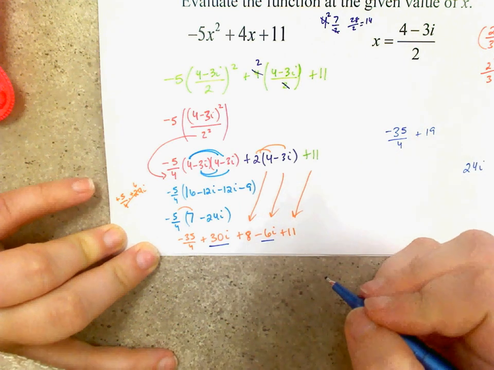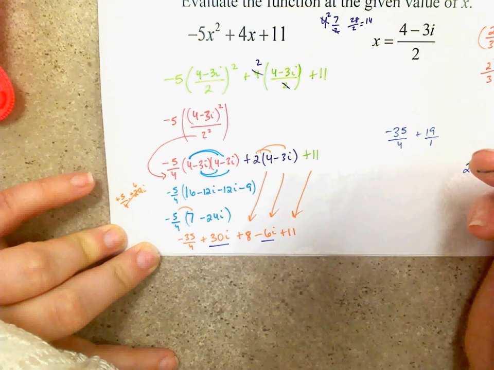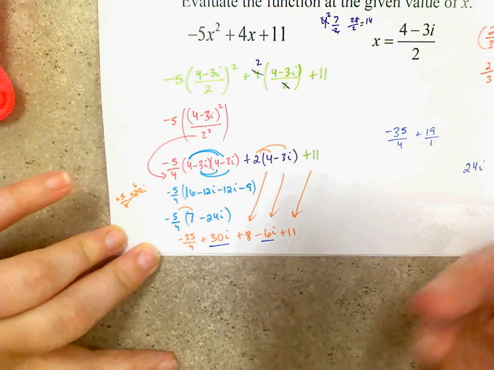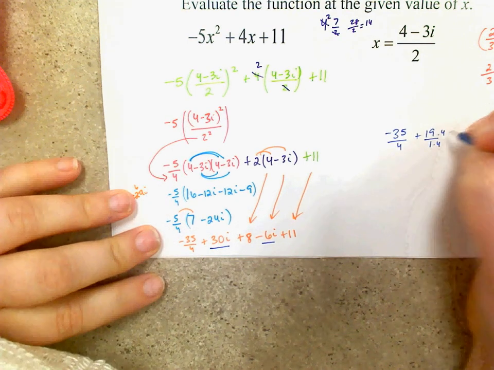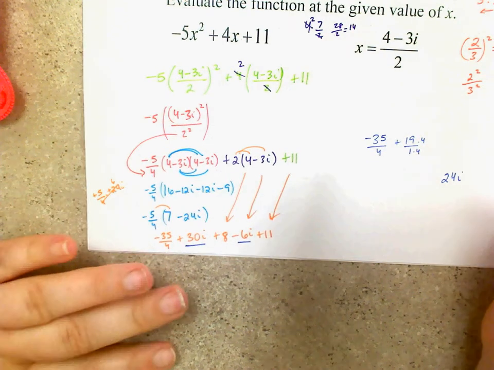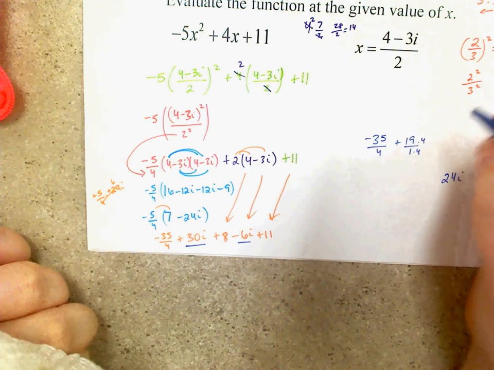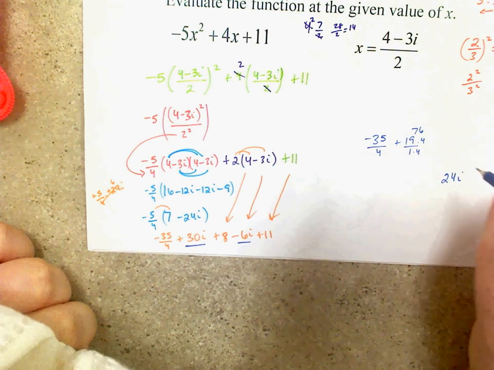So the common denominator is going to have to be 4. So I'm going to multiply top and bottom of 19 over 1 times 4. 19 times 4 is 10 times 4 plus 9 times 4, so that's 40 plus 36, or 76. And 76 minus 35 is 41, so 41 fourths. That's 24i.